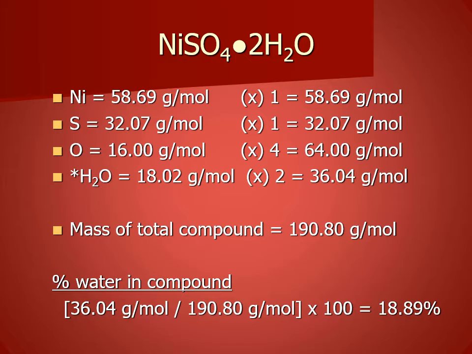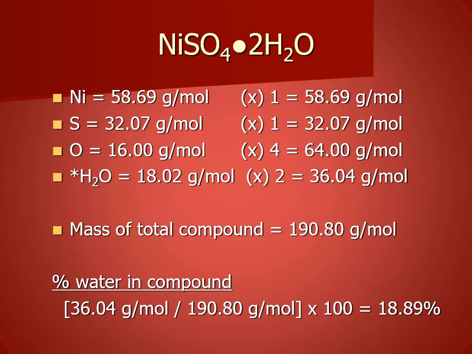This is so we agree with what your book does. It's your book's strategy. And we talked about why that is in class before, so there you have it. Okay, so 16 times 4, because I have 4 oxygens in the compound, and that comes up to 64.